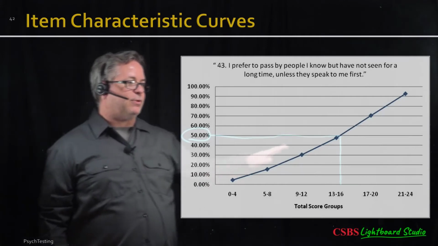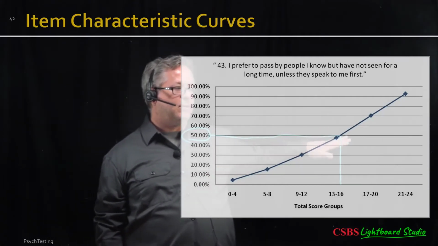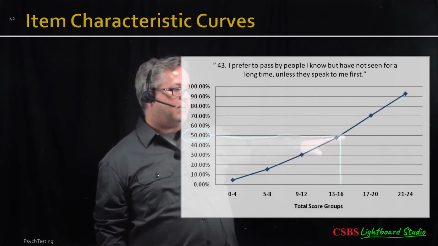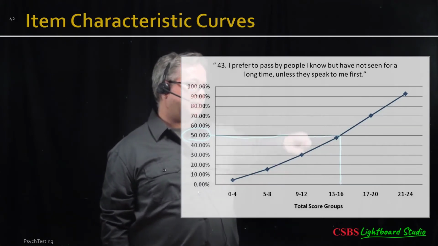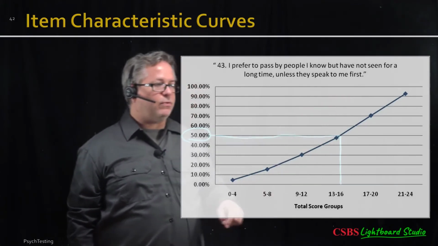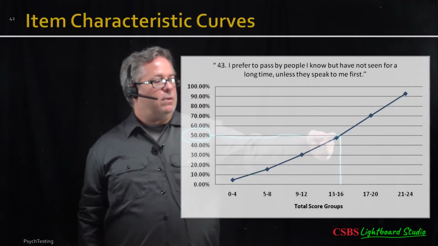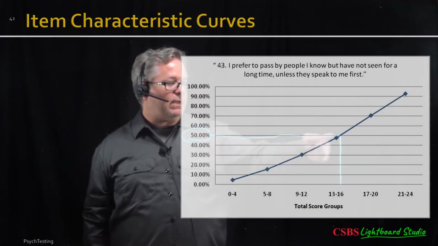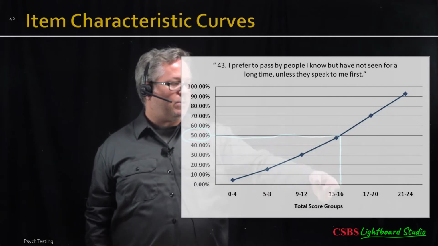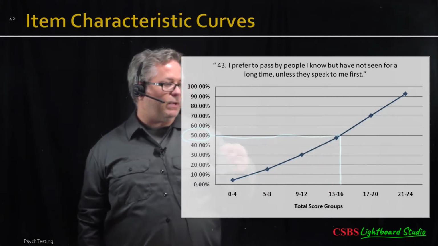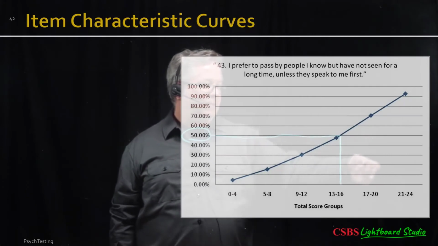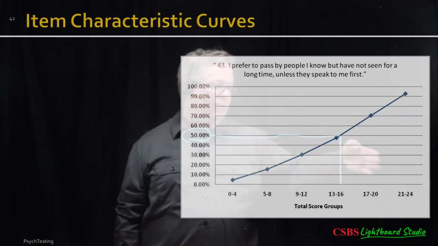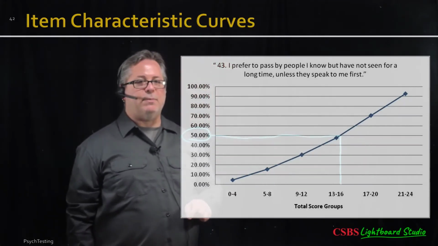The steeper the curve gets, where you have a curve that looks more like an S, then those items are more discriminating. So where the 50% mark lands tells you a little bit about the difficulty. If it's over here, it's an easy item. If it's over here, it's a very difficult item. So the higher that 50% mark goes, the more difficult the item is.